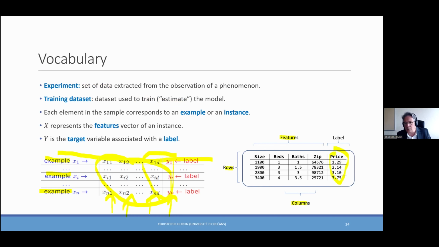Here you have your Y series, and the Y series, so the target variable, has some label. What we call a label is simply the value of the target variable. So here we observe the label, which corresponds to the value of the Y dependent variable.